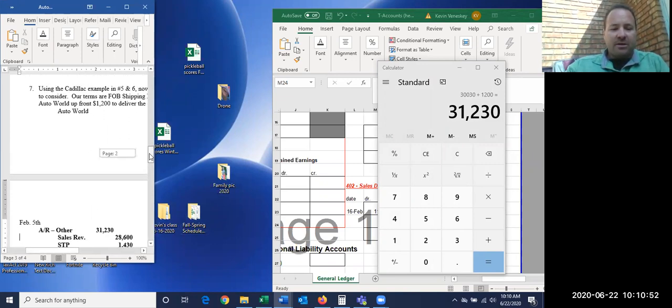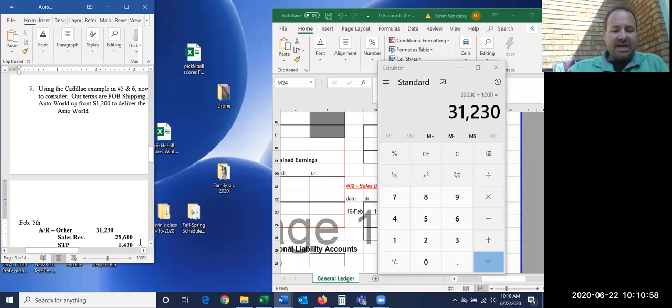They're still having sales revenue of $28,600, just like number 5. They're still having sales tax of $14.30, because you only tax on the amount of the sale price. But then the last credit, to make everything balanced, because right now we do not equal, because that $31,230 includes more than just these two.